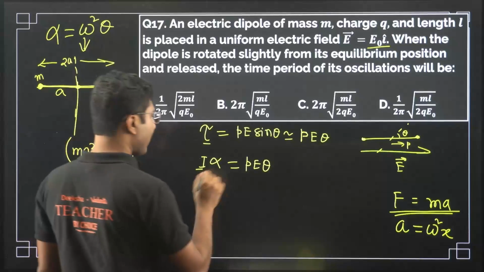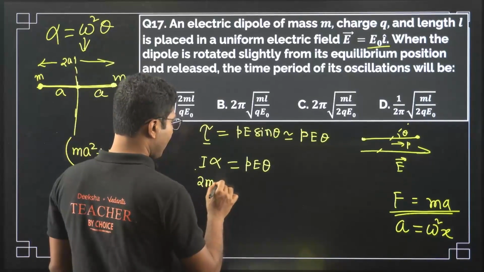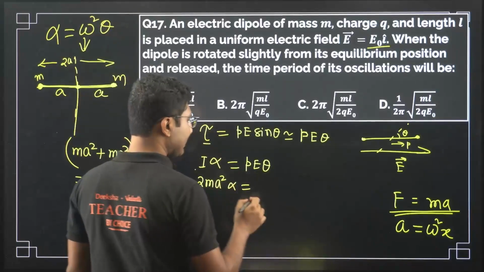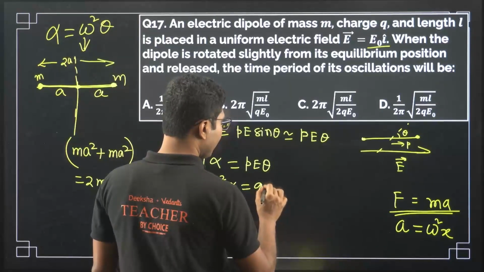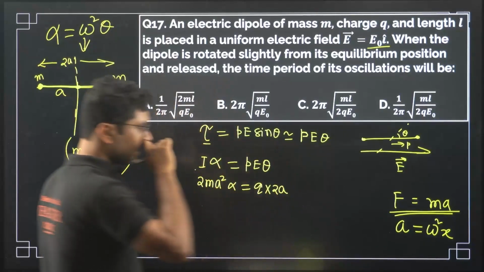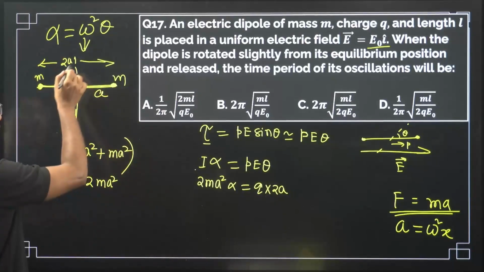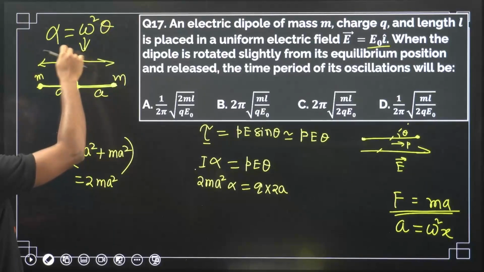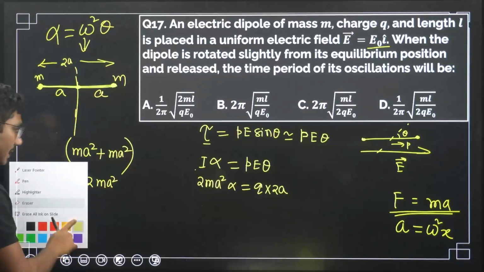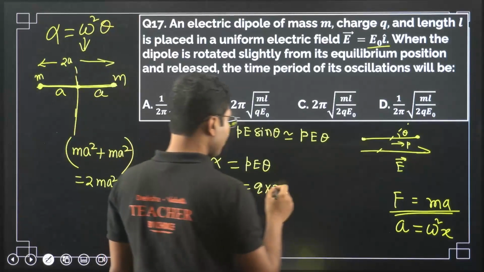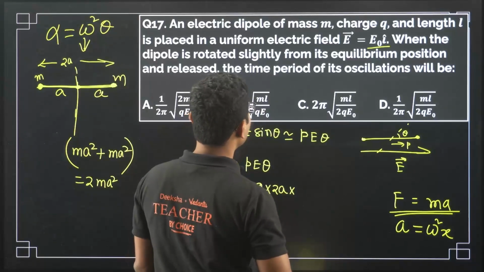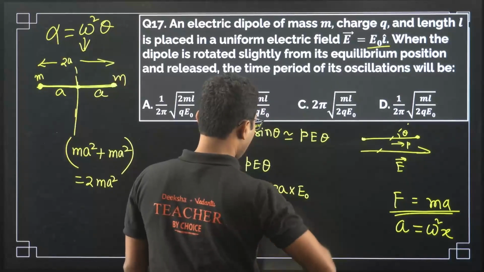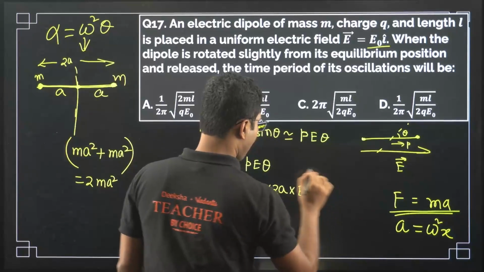So let's put these values over here. 2m a square alpha equals p, which is q into 2a. Remember, we have assumed the distance to be 2a, that's why I am using 2a in the formula. So q into 2a, and the electric field is E naught, times theta.